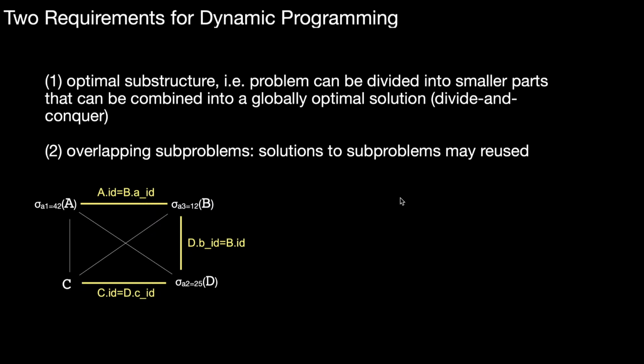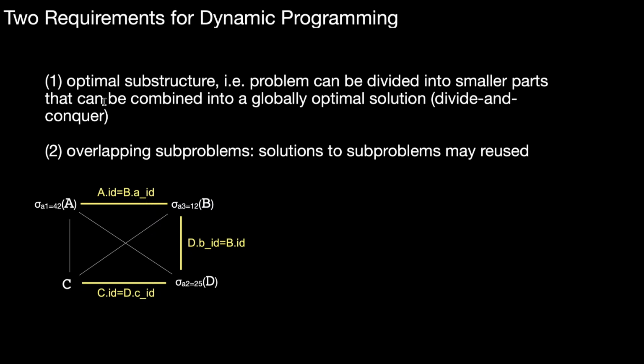So basically, we have 2 requirements here, and requirement 1 is we have an optimal substructure. That means a problem can be divided into smaller parts that can be combined into a globally optimal solution. So it's kind of like in divide and conquer, where you divide it into subproblems, and the different parts you're acting on are later on also assembled together to form a globally optimal solution.